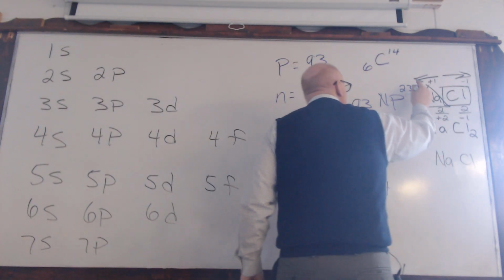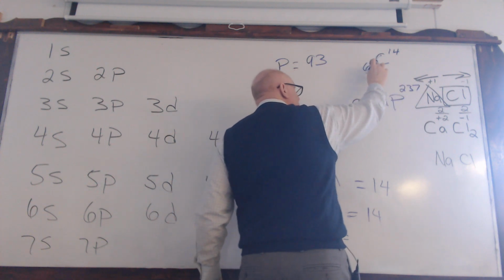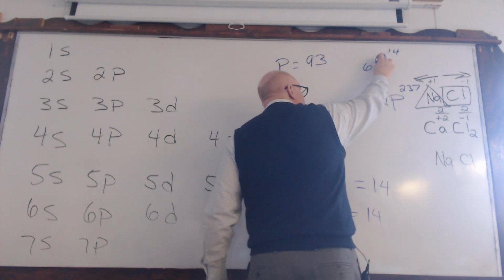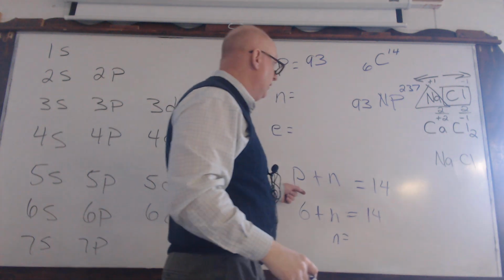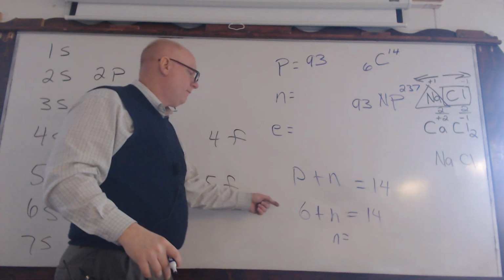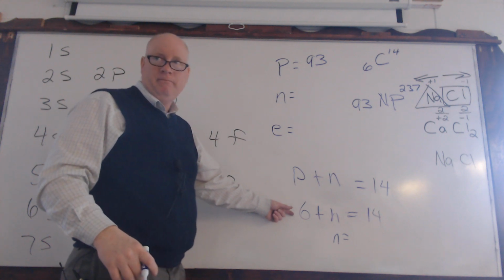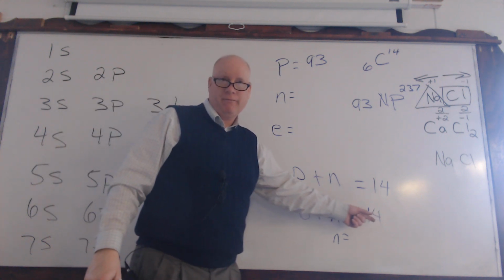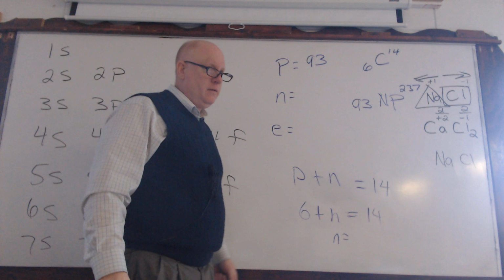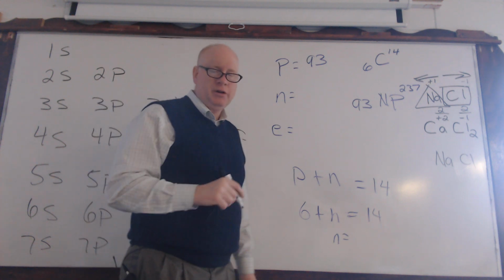Now, how did we get the number of neutrons for this carbon? How did we do it down here? You took 6 from the total, right? So now we'll take 93 from 237. That's exactly what you're going to do.